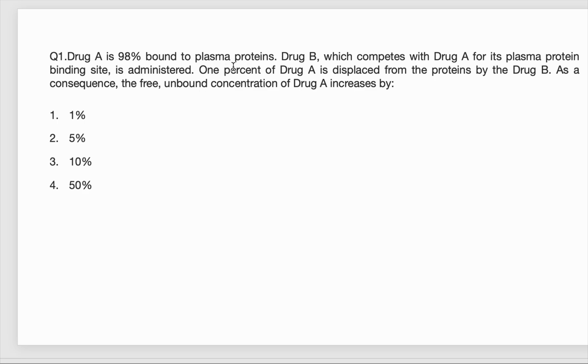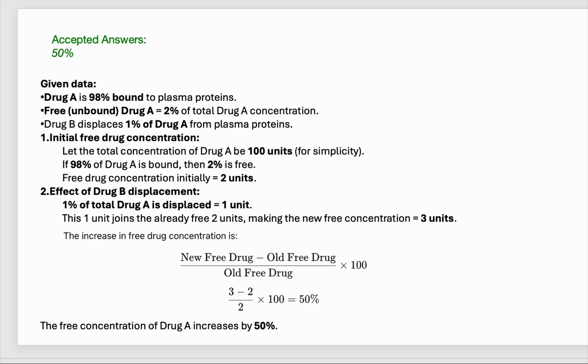So when 98% is bound, that means we have 2% that's free. For the sake of simplicity, we just take the percentage. So if we have 100 units, 98% is bound, so we are left with 2 units that are free. You get that part, right?